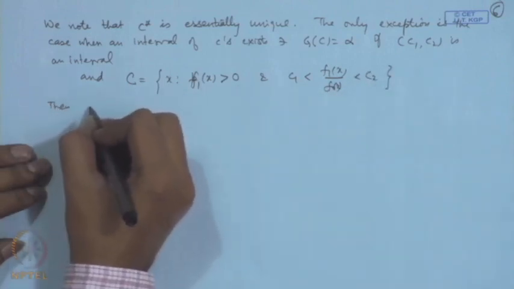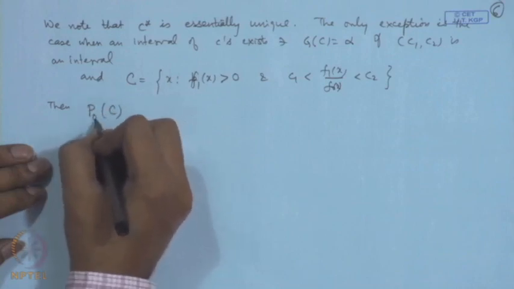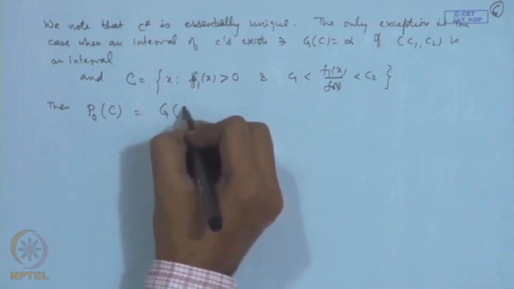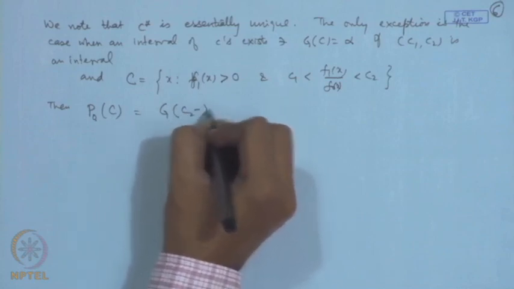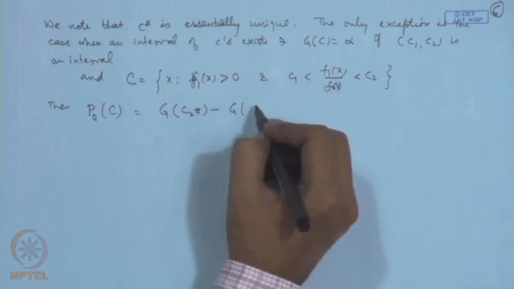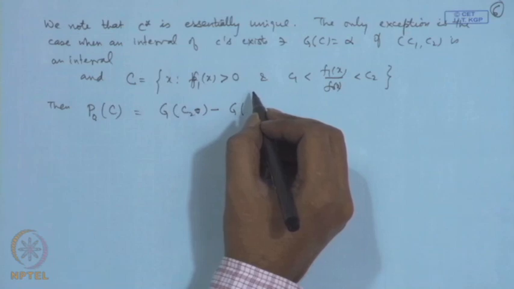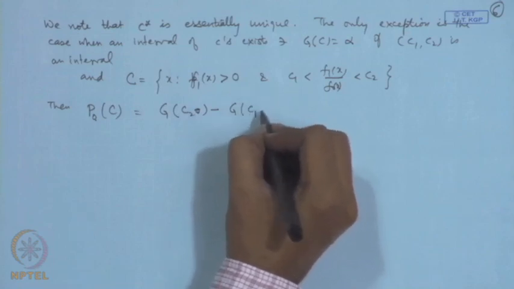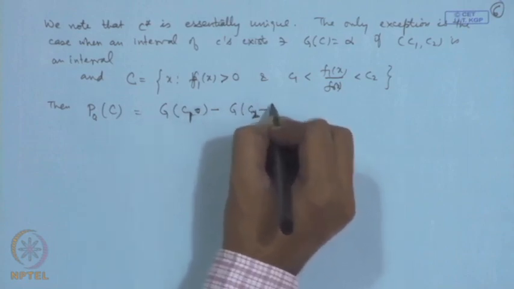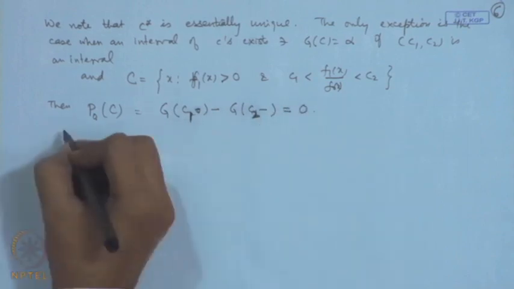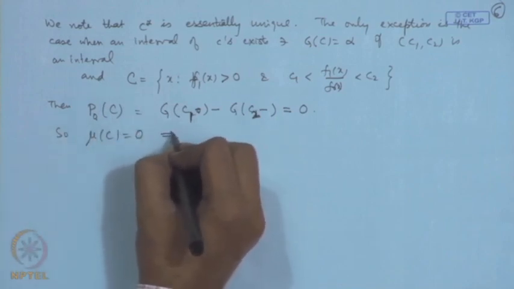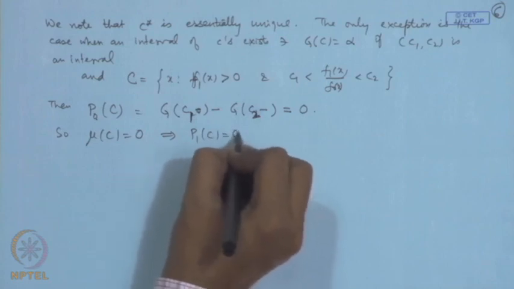Then if we consider the probability of the set C under null hypothesis, that is equal to G c 2 minus G c 2 minus G c 1, sorry, this will be c 1, this will be c 2 minus, that is actually equal to 0. So, the measure of the set will be 0 and this will imply that P 1 C is also 0.